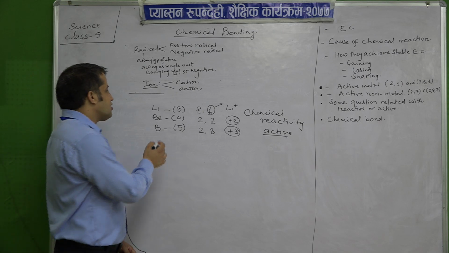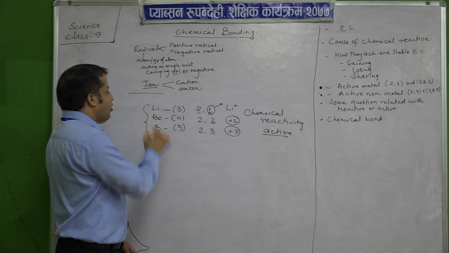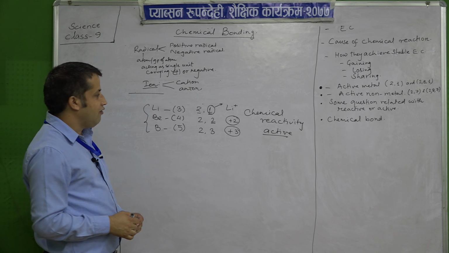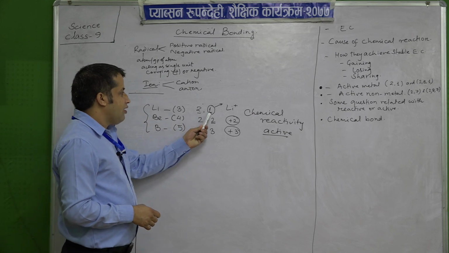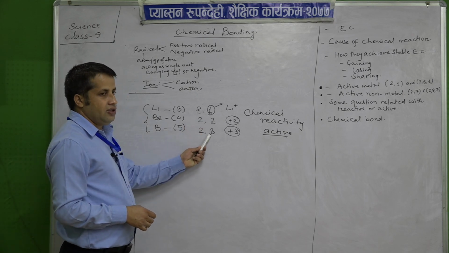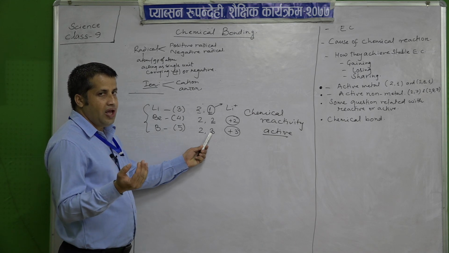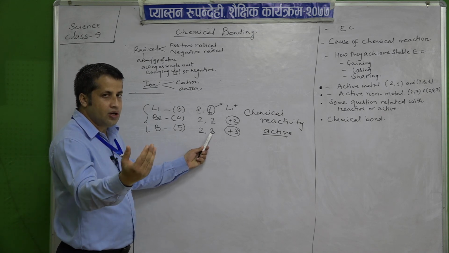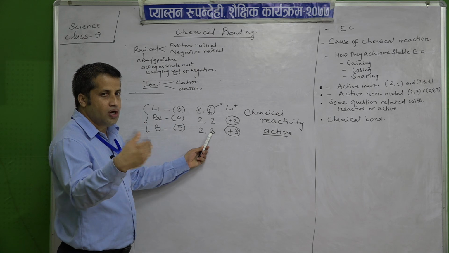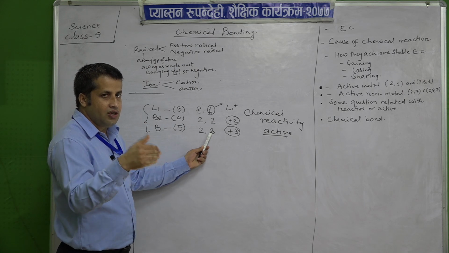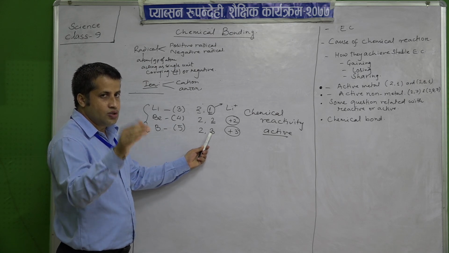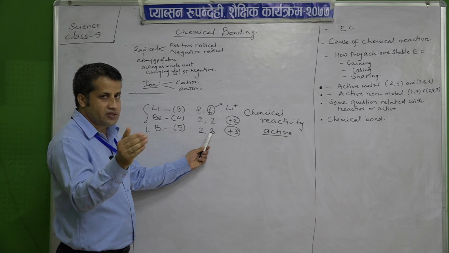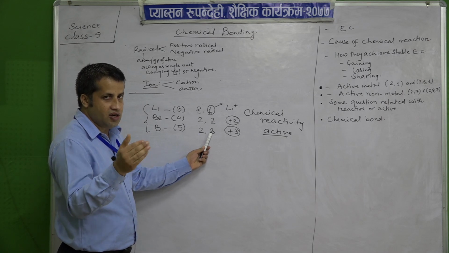Out of these 3 elements, all of them have 1, 2 and 3 valence electrons, and they will lose the electrons to other elements to gain the stable electronic configuration. So, they are metals, as I have discussed earlier also.